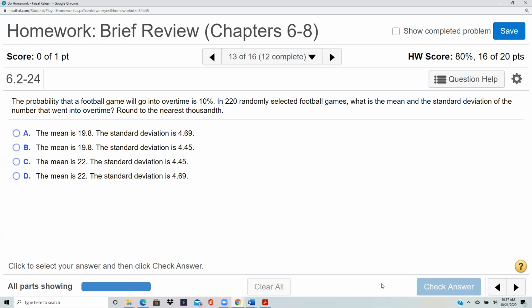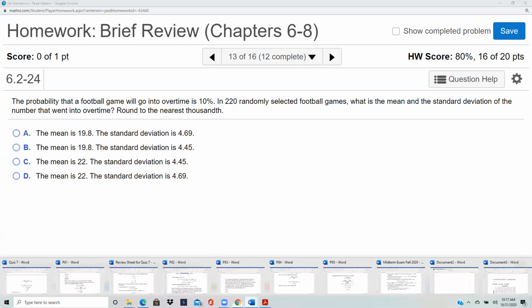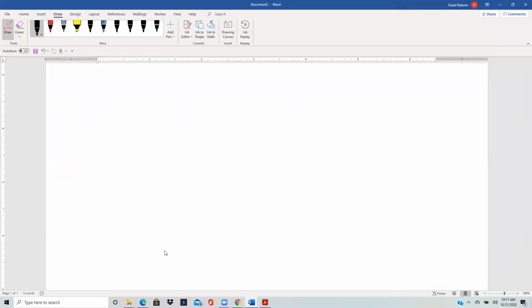No. Isn't it that either the game will go into overtime or not? Okay, so it would be binomial. And now, do you remember that video where I was telling the formulas for the mean and standard deviation of a binomial? I think so. Let's see if you wrote them down.